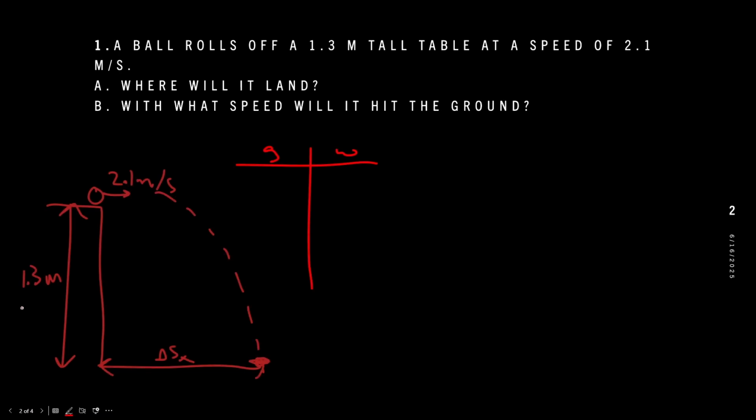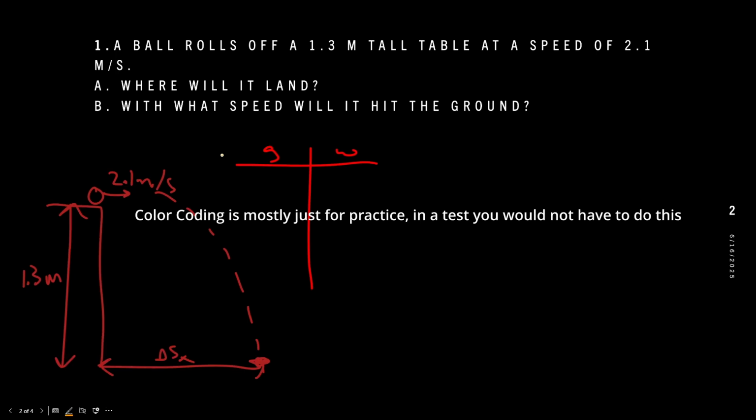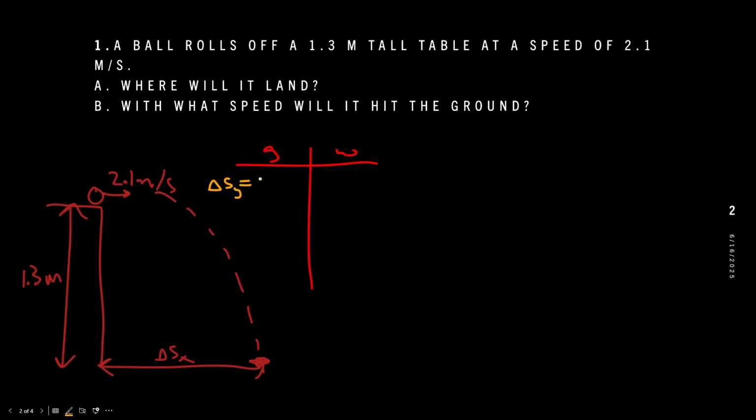Now we could draw our chart with all our information. So our first piece of information is that it's a 1.3 meter tall table, and this is a y type of value, so we could label that in orange, say delta Sy equals 1.3 meters.